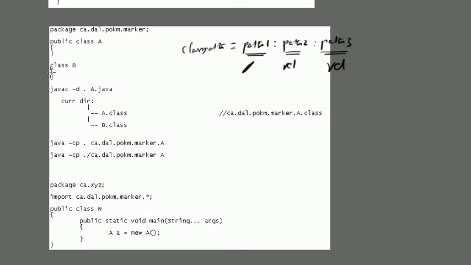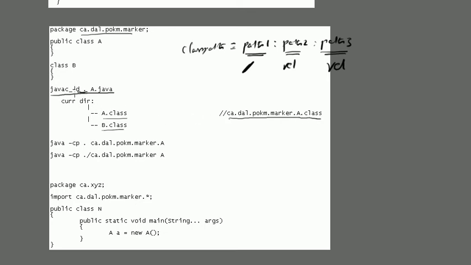Okay, now say I have class A and class B that belong to package ca.dal.pocum.marker, and then if I do this, within the current directory, I'm generating two classes, A.class and B.class. So the fully qualified names of A and B are ca.dal.pocum.marker.a.